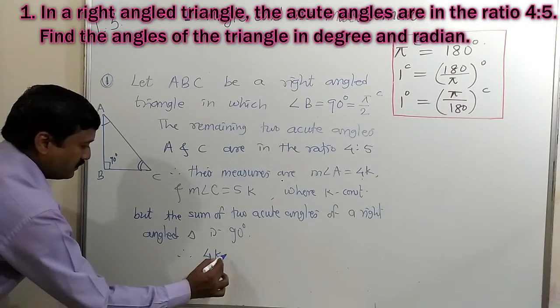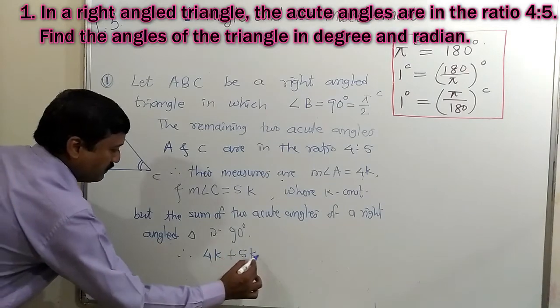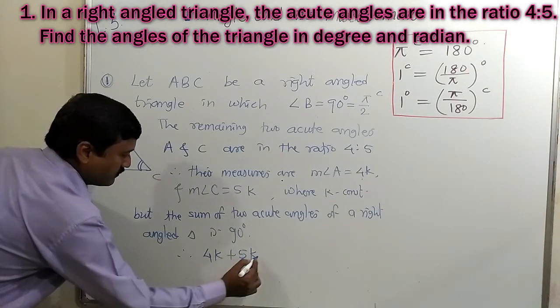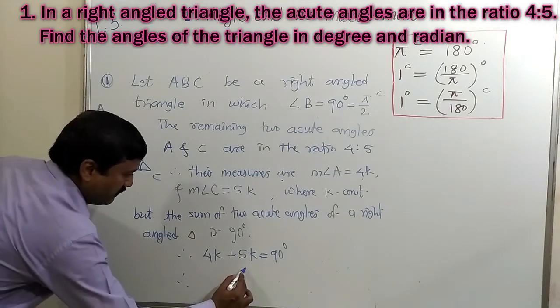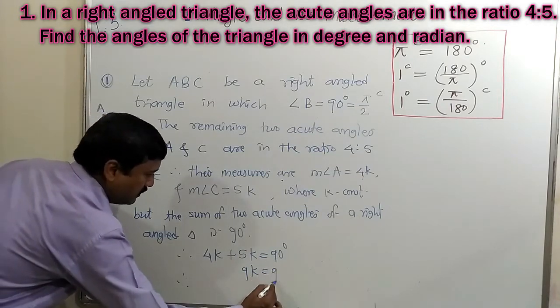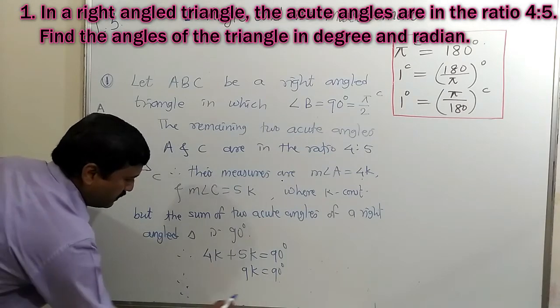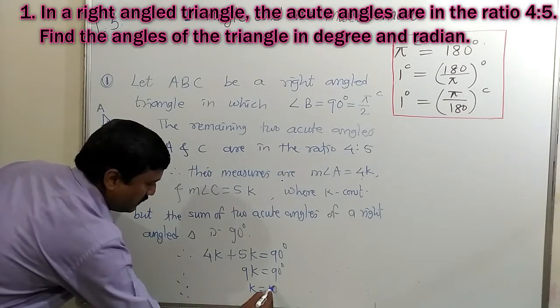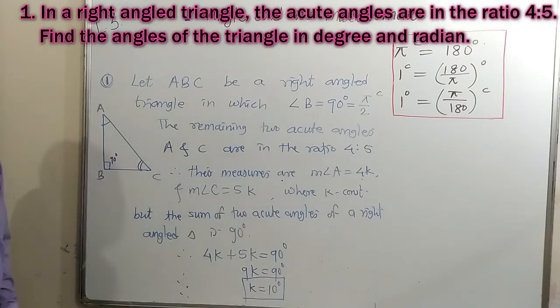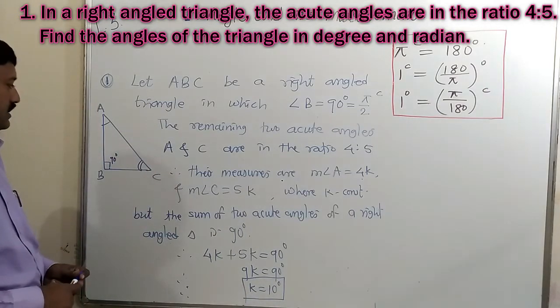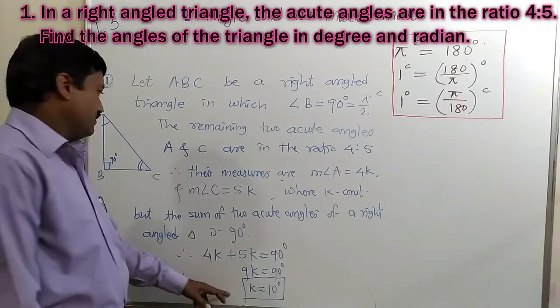Therefore 4K plus 5K is equal to 90 degree, so 9K equals 90 degree. Obviously K is equal to 10 degree. That is our unknown K. It's very simple to find this K.